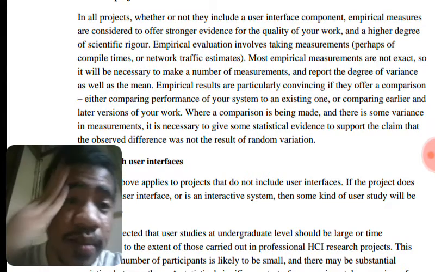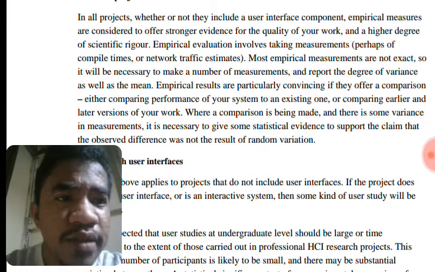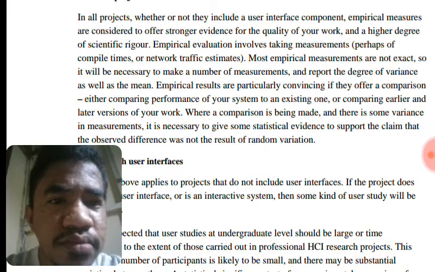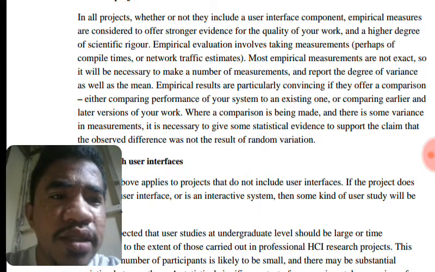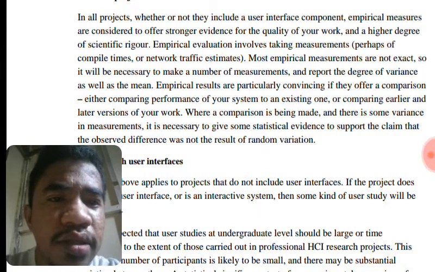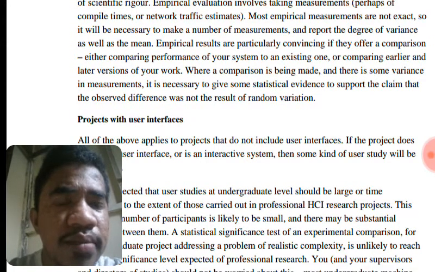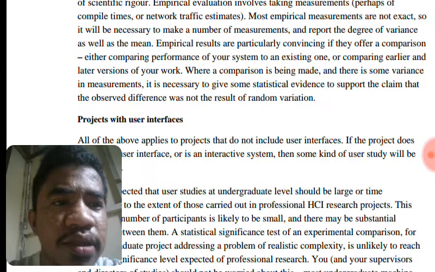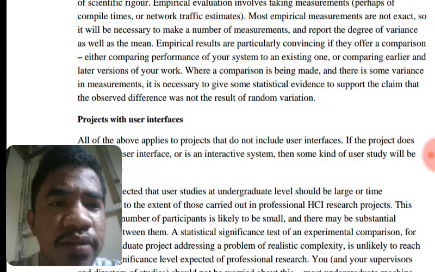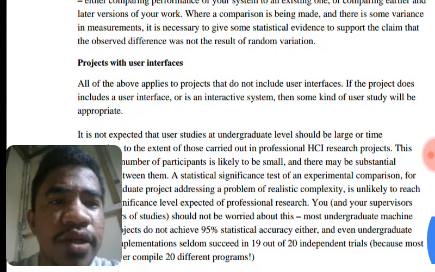Empirical results are particularly convincing if they offer a comparison, either comparing the performance of your system to an existing one, or comparing earlier and later versions of your work. Where a comparison is being made and there is some variance in measurement, it is necessary to give some statistical evidence to support the claim that the observed difference was not the result of random variation.